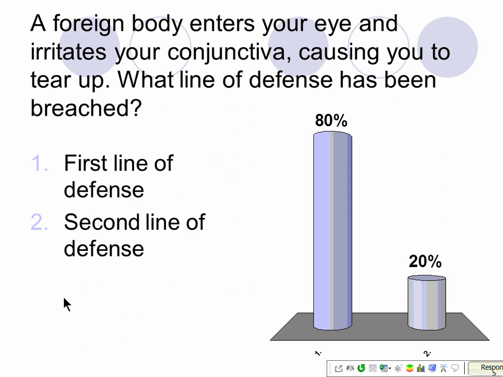Think of it, the conjunctiva is a mucous membrane. You don't have skin lining your eye, but you have the conjunctiva, which is the mucous membrane. So when something goes into your eye, the first thing it comes in contact with is this protective layer, the conjunctiva. The second line of defense, remember, were chemicals and cells. So this is a mucous membrane, so first line of defense.